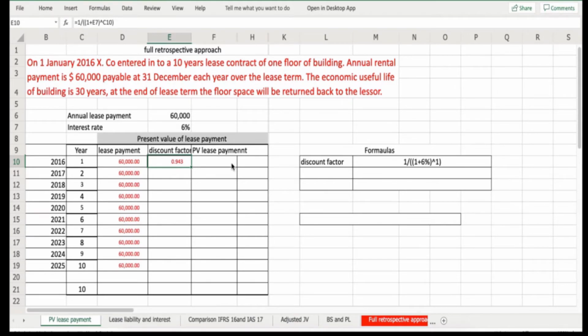This is the so-called discount rate. It gives us 0.943.